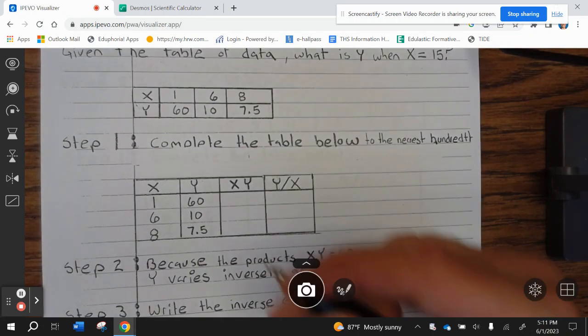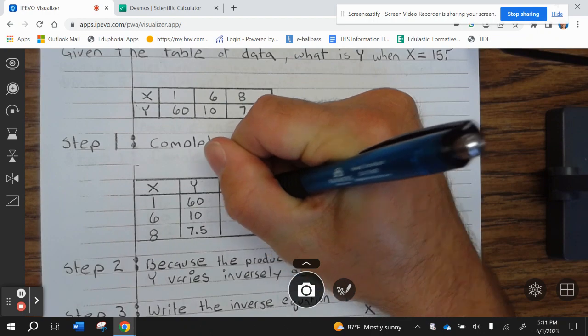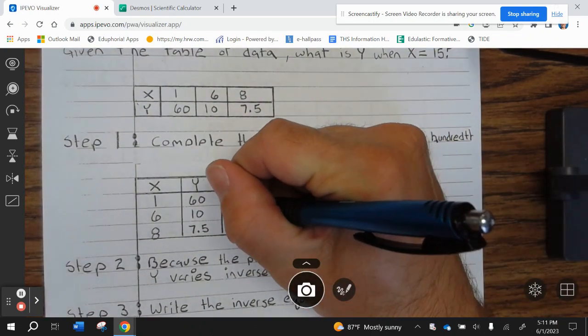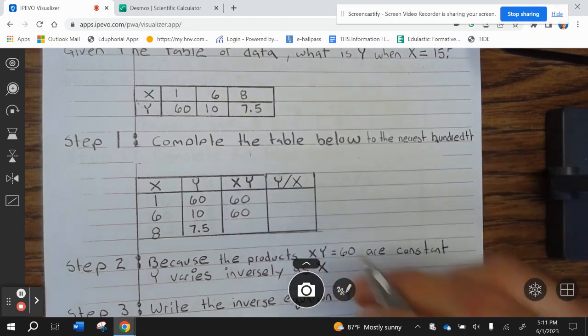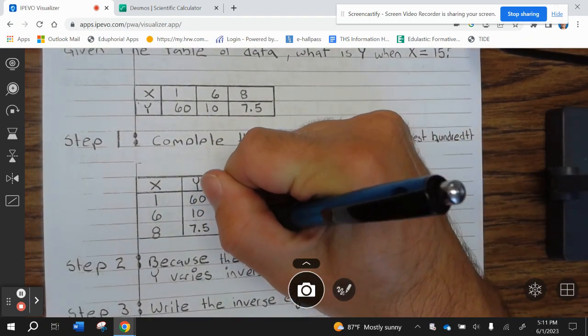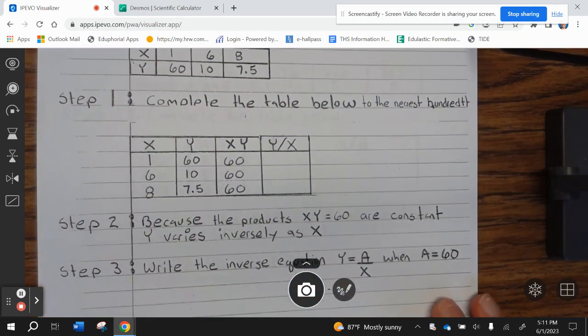Okay, 1 times 60 is 60. 6 times 10 is 60. And then 8 times 7.5 is 60. Because the products of x times y equals 60 are constant, y varies inversely as x.